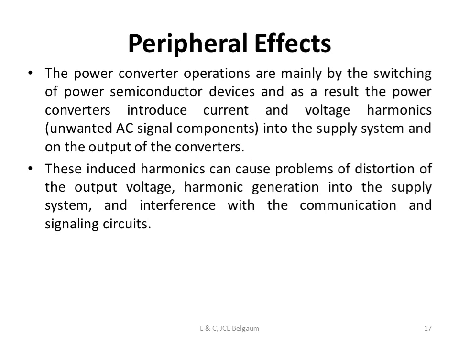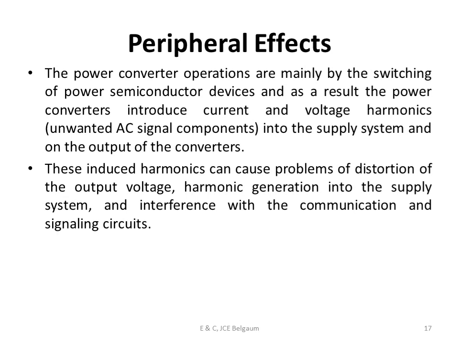So these induced harmonics can cause problems of distortion of the output voltage, harmonic generation into the supply system, and interference with the communication and signaling circuits. These are the three main effects of the harmonics generated because of switching these devices on and off, because we are using them as a switch only.